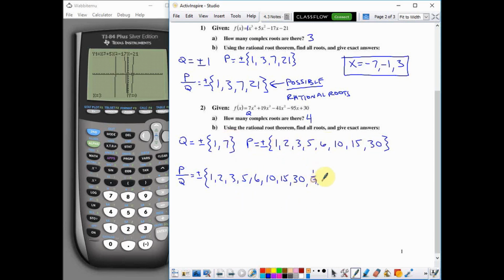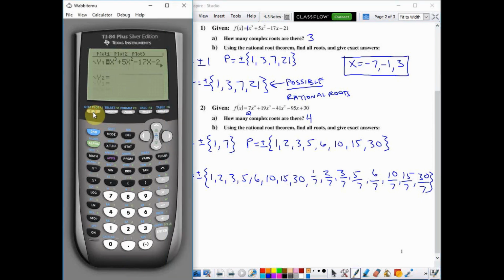So that's 1/7, 2/7, 3/7, 5/7, 6/7, 10/7, 15/7, and 30/7. So all of those positive or negative versions are possible rational roots.